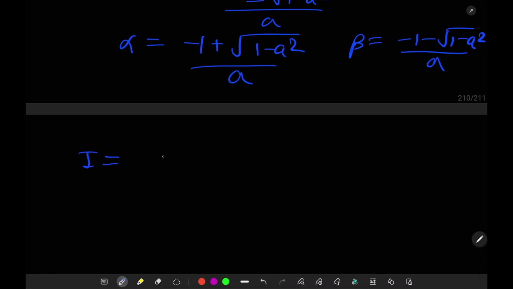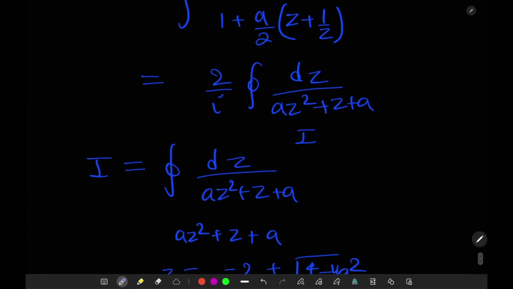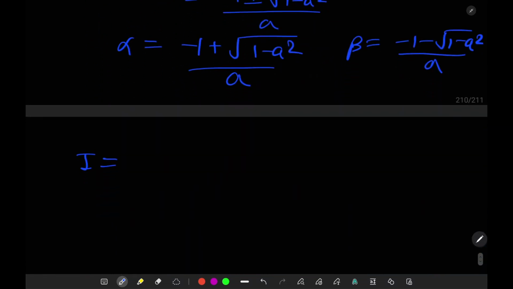Now I is equal to, here we need to find this value, so we need to find the residue.